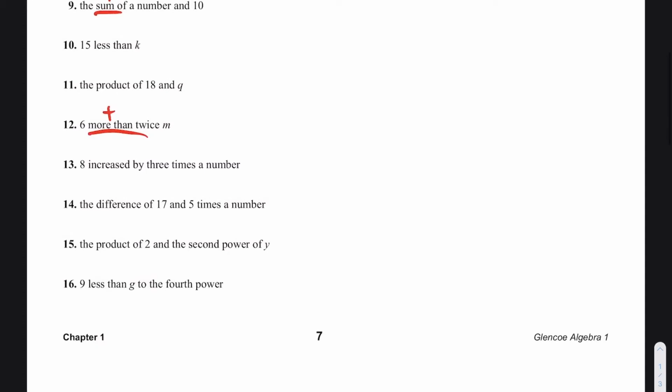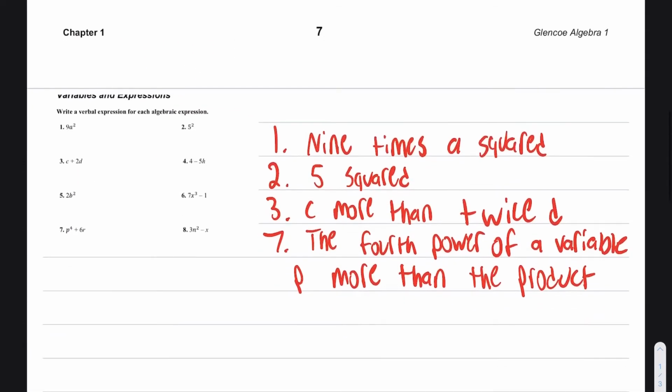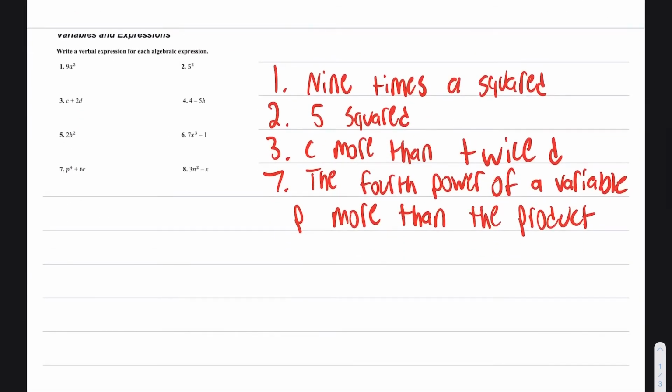It looks like we can use times. So you could put times, but I'm going to put the product of 6 and r. You got to write out the numbers. The 4th power of a variable, so that means p to the 4th power. More than means plus. The product of 6 and r. That means we're going to do p to the 4th power plus 6 times r, which is exactly what number 7 said to do.